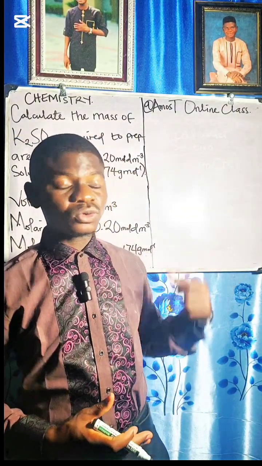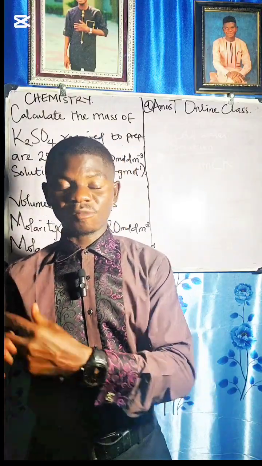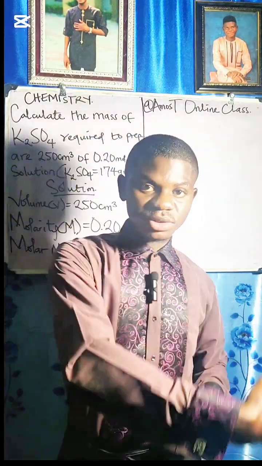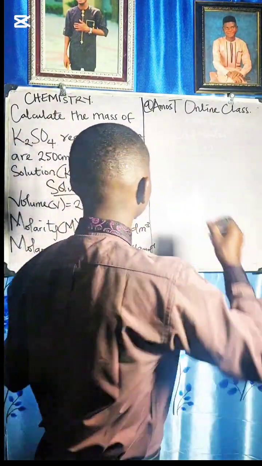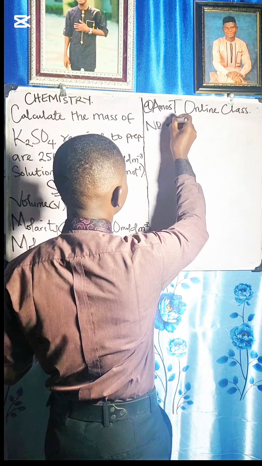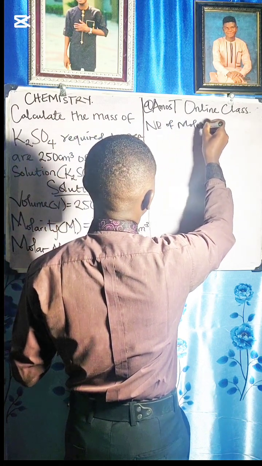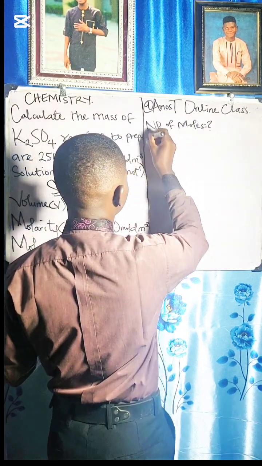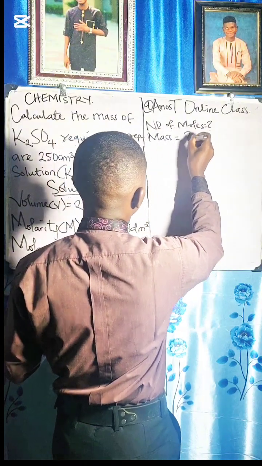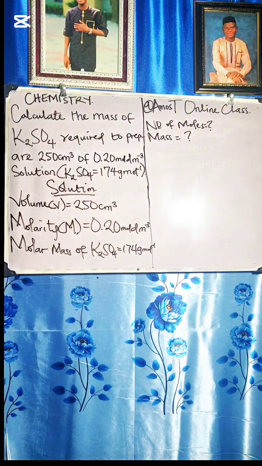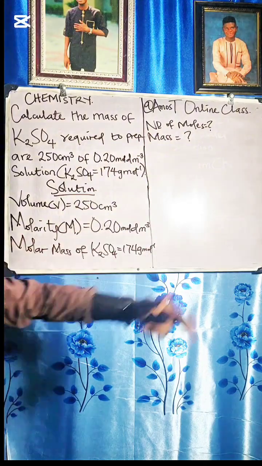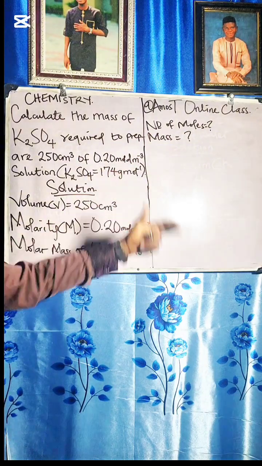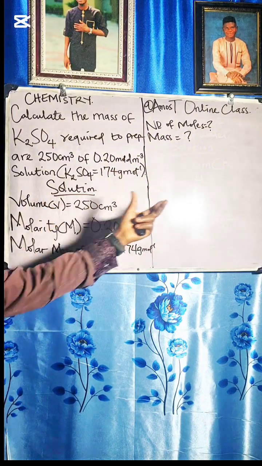So how do we find the number of moles, and subsequently calculate the mass? We have two things to do: first, find the number of moles of potassium sulfate, and then the mass of potassium sulfate, which is the major problem.